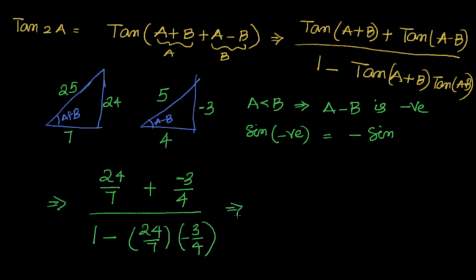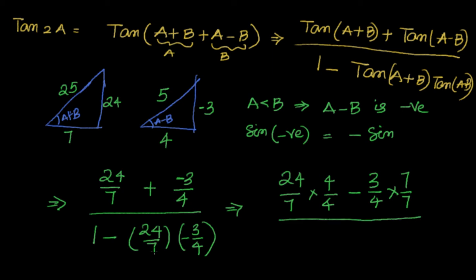I'll simplify that. I'll say 24 by 7 into 4 by 4 minus 3 by 4 into 7 by 7, by 1 plus 72 by 28. 24 3s are 72, so I will write it as 72 by 28.